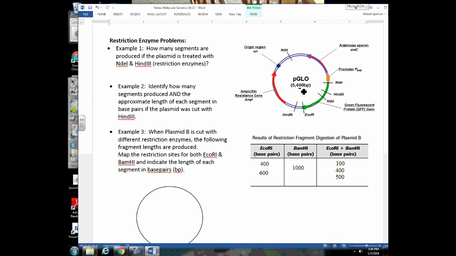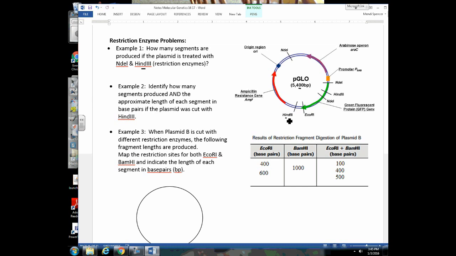The first question says, how many segments are produced if the plasmid is treated with EcoRI and HindIII, which are 2 different types of restriction enzymes. If you want, hit pause and see if you can figure out this answer before we go through it. Remember, restriction enzymes will recognize a restriction site, and the restriction sites are labeled for you here. So this is telling you that Hind is going to cut right here.